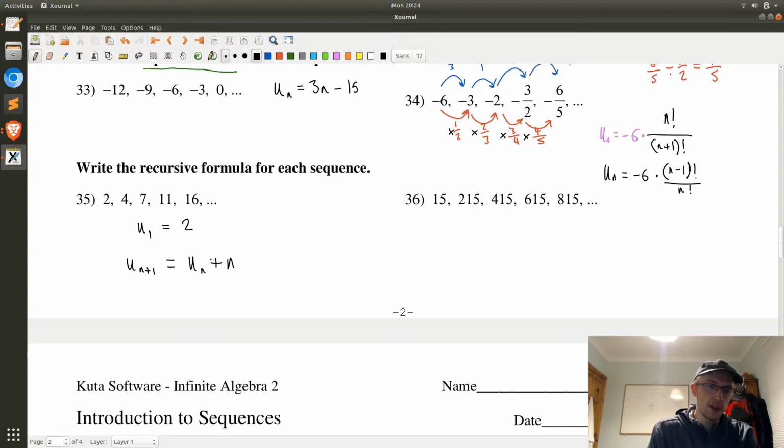Oh, so to get the first term, wrong. No, if I stick in 1, then that just says 2 add 1. That is wrong.